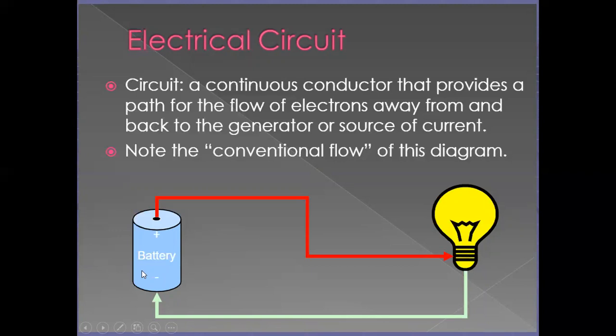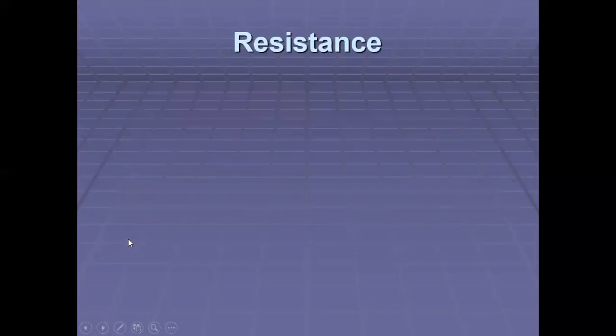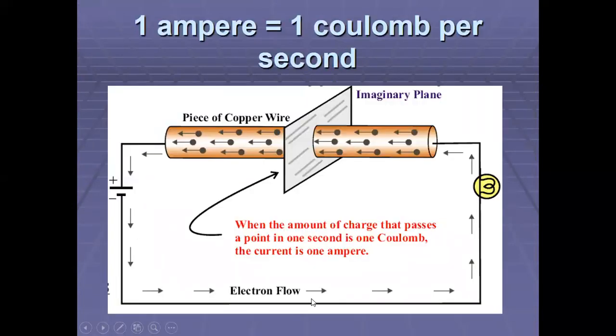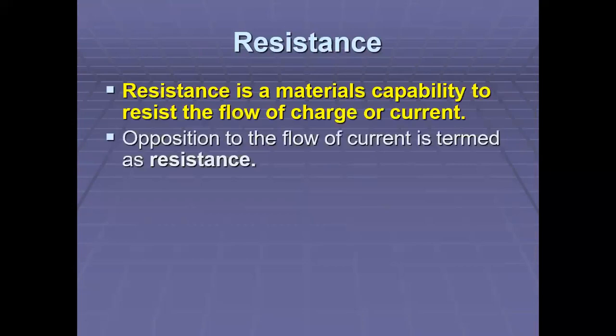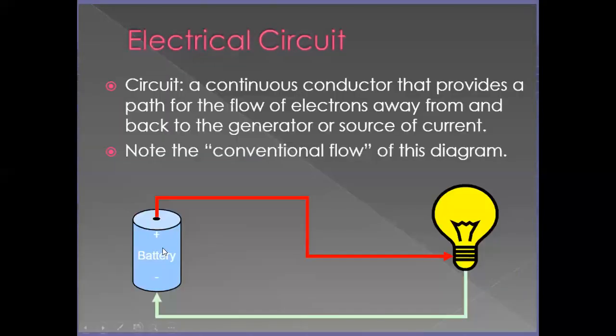Now, can you mark that? Before, I showed you the current flowing from negative to positive. This is according to electron theory. But here, just now, I showed you the current flowing from positive to negative. This is the conventional flow, not according to electron theory.